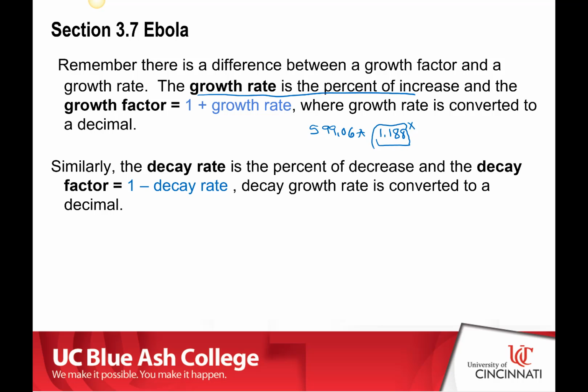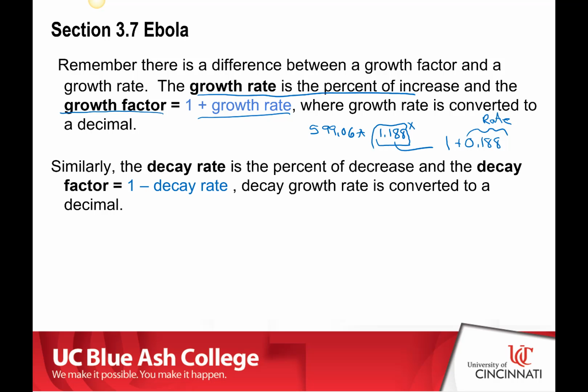Okay? The growth factor is the base. And the growth factor is accomplished by taking 1 plus whatever the rate is. So that would say this is going to be 1 plus 0.188. This would be the growth rate.